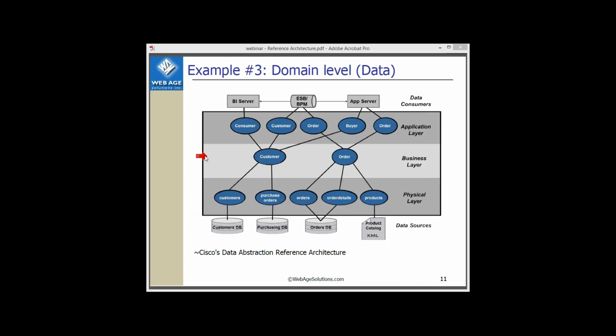And behind the scenes, there's documentation that describes exactly what the philosophy is in each of these layers, what types of parameters, what types of information, how you design to take maximum advantage of the capabilities of this data virtualization scheme. So just these three examples to give you an idea that we can have reference architecture that's useful at a very high, broad enterprise level all the way down to specific domains and specific concepts.